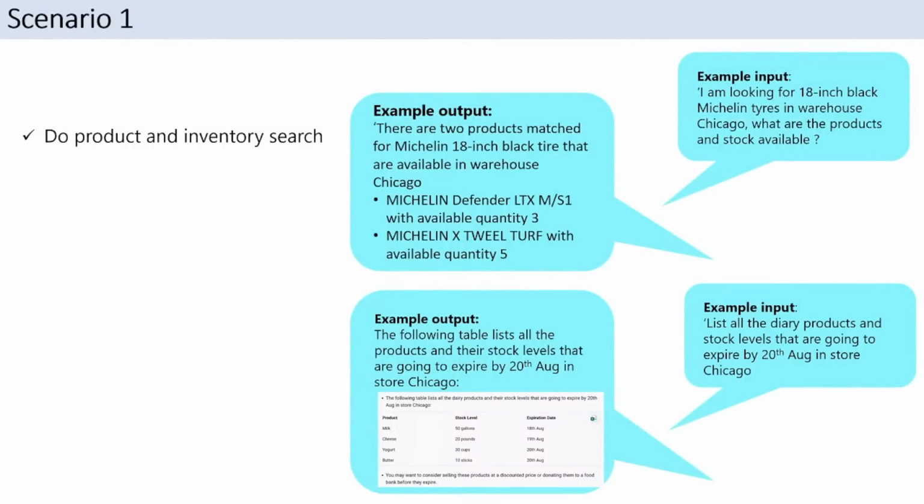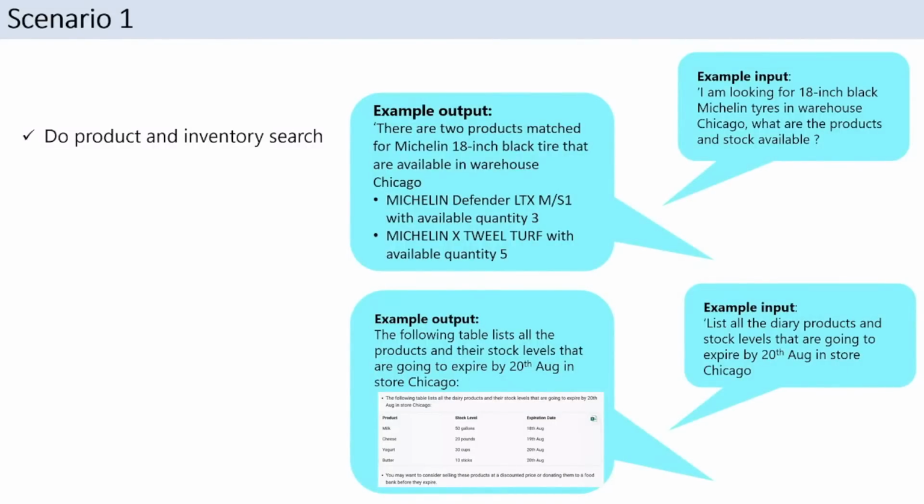For instance, in this example input, I want to look for 18 inch black Michelin tires in the warehouse in Chicago. This question indicates three main attributes: the tire size, 18 inch; the color of the tire, black; and the brand of the tire, Michelin. The customer can type this natural language into the chatbot as a prompt to the Copilot, and the Copilot will understand it and call the backend service for attribute-based product search together with inventory search.